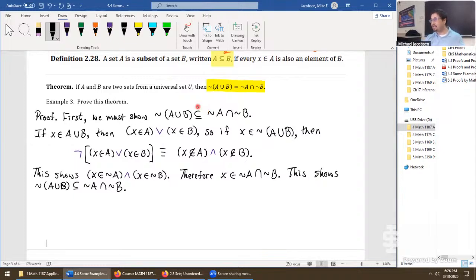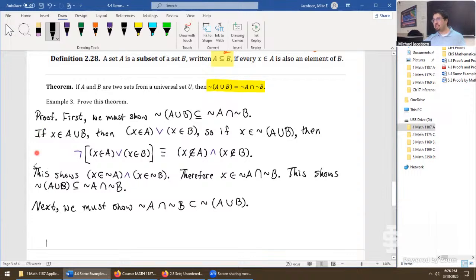So let's say, next, we must show the complement of A intersect with the complement of B is a subset of the complement of A union B. So let's give this a try.